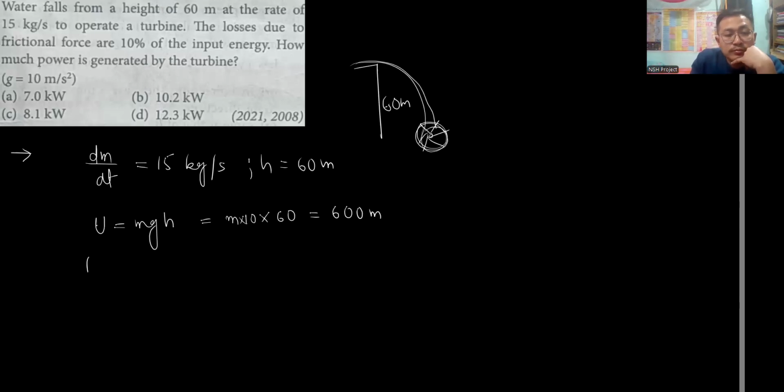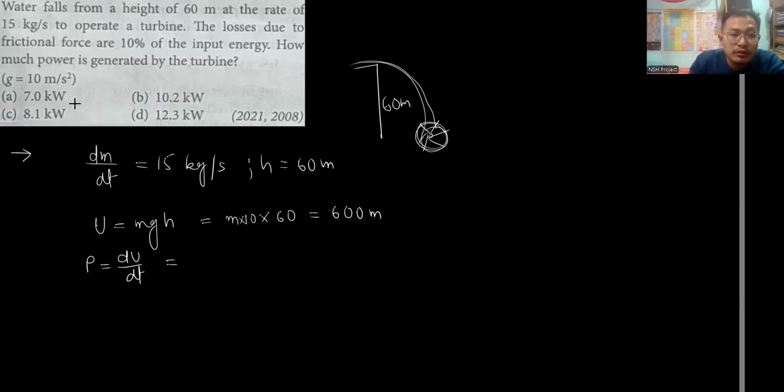Now for power, we have dU by dt, the change in energy. Here the losses due to frictional force are 10% of the input energy.